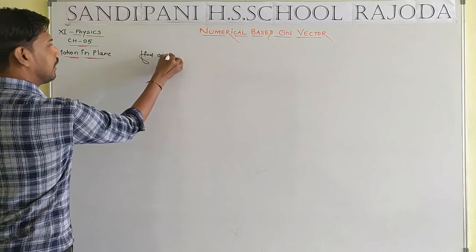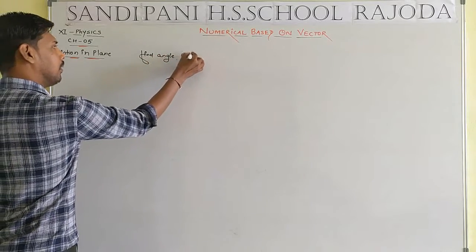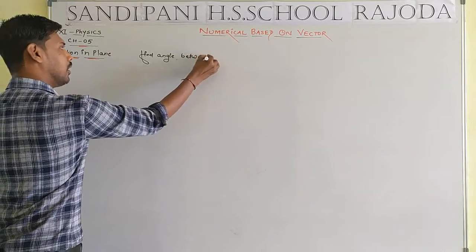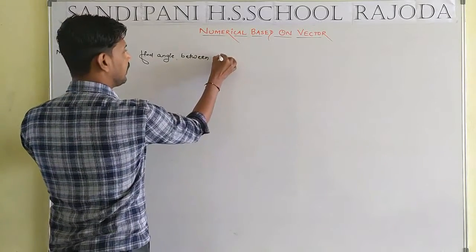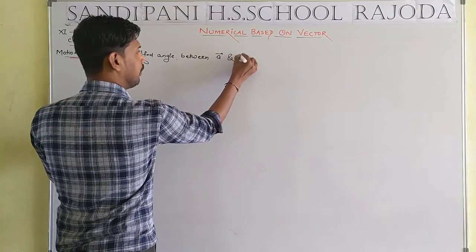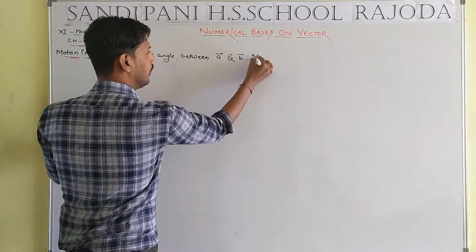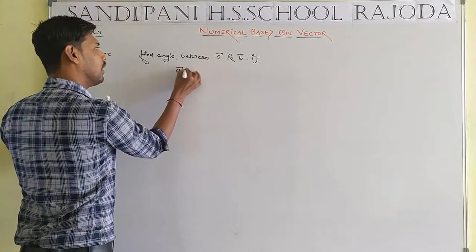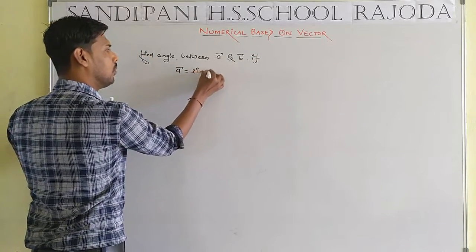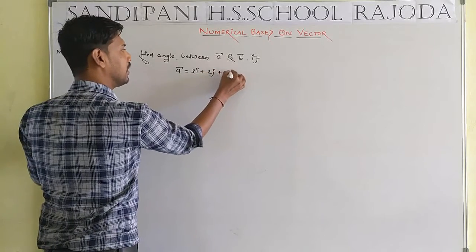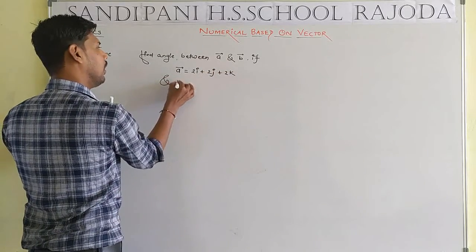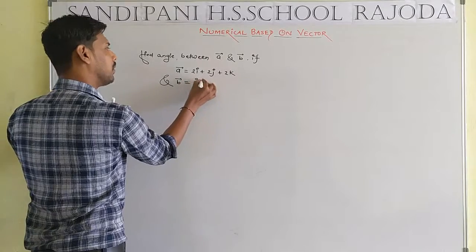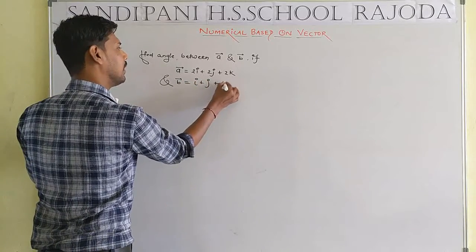Find the angle between vector A and vector B if vector A is equal to 2i plus 2j plus 2k and vector B is equal to i plus j plus k.